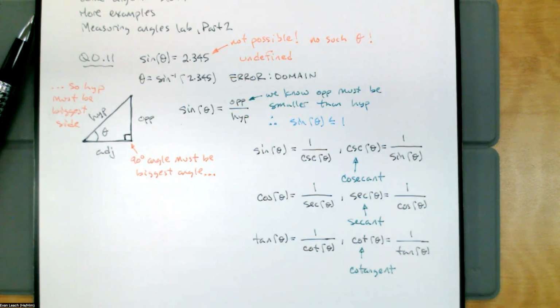So some of the problems involve relationships between our trigonometric functions. Here's one set of relationships between our trigonometric functions. These are called identities because they're true for all values where the expressions are defined. All right.